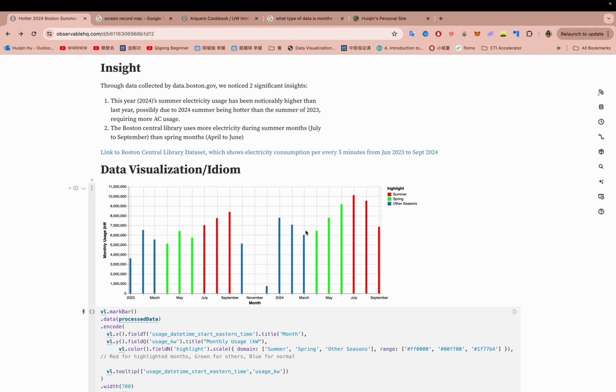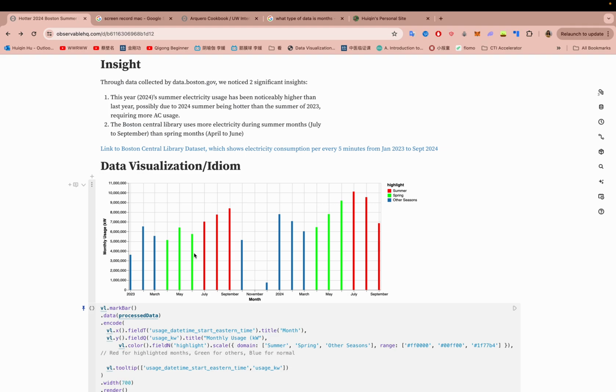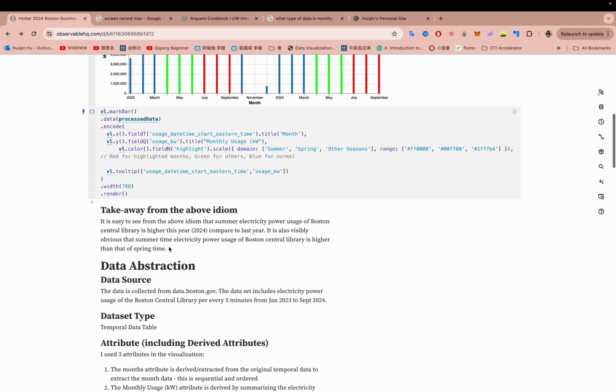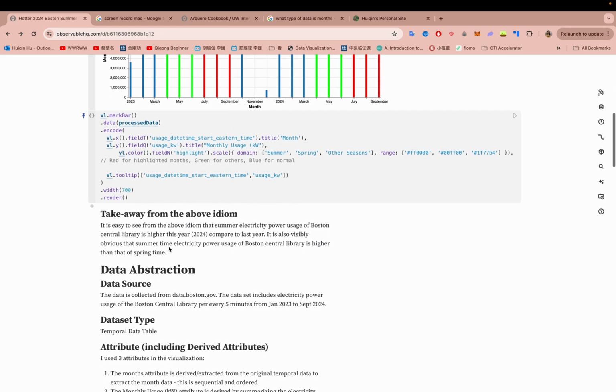I also noticed that people do use electricity more in the summertime than the springtime, at least in the case of Boston Central Library. So how did I get to derive this idiom that is very visually straightforward?